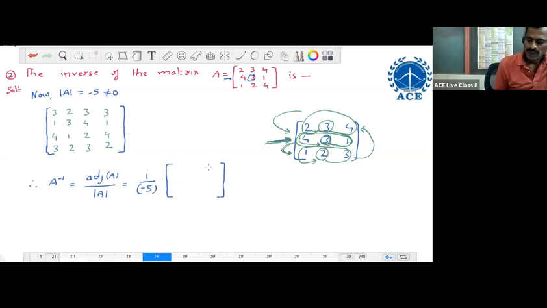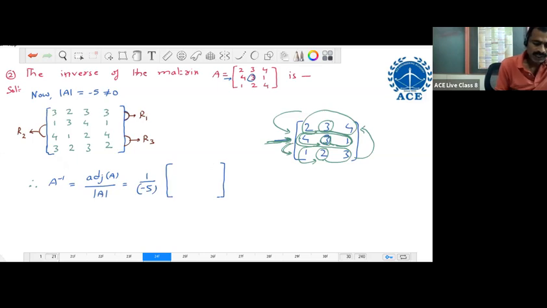The first row of this adjoint matrix is given by the first 2 rows. From the first 2 rows, we can obtain the first row of adjoint. From the middle 2 rows, we can obtain the second row of adjoint. From the last 2 rows, we can obtain the third row of adjoint. Along the first row, we require 3 elements.